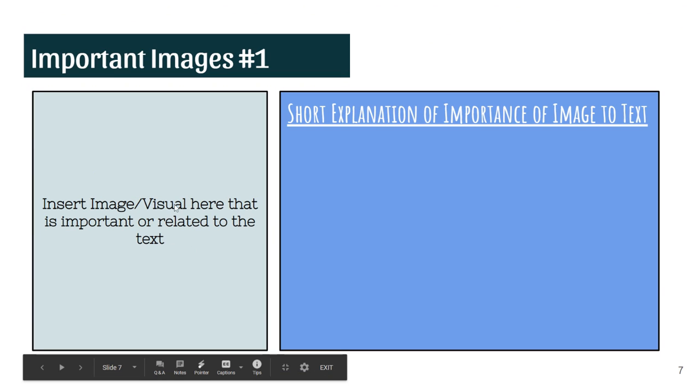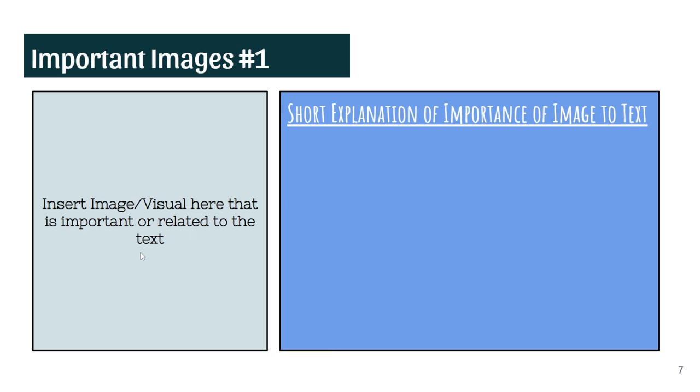Then you're going to go into your symbols. Insert an image or a visual here that's important or related to the text. If I was doing The Giver in this book, I might choose to do the apple. Why? Because that's the first thing he saw that changed color, correct? Okay, so I might put an apple there, and over here I would say, I chose the apple because it was the first color Jonas saw.